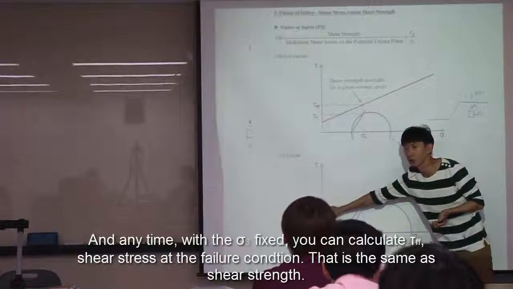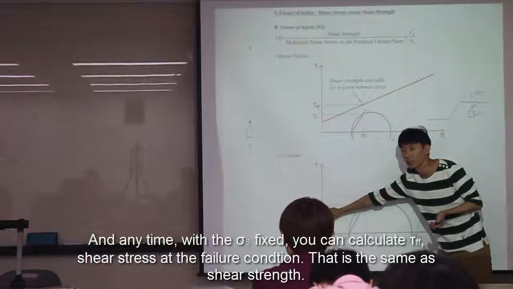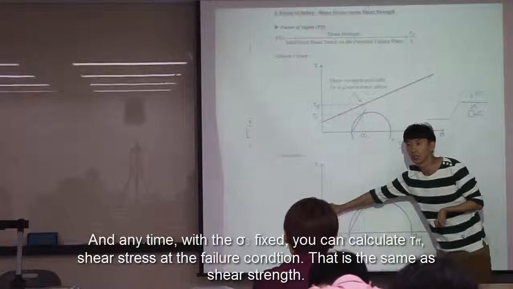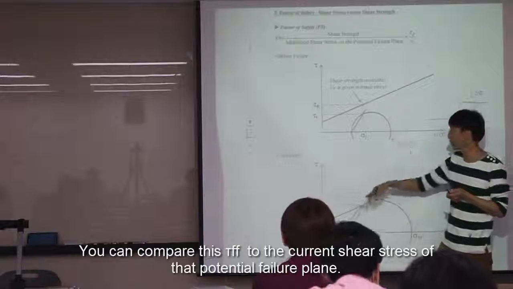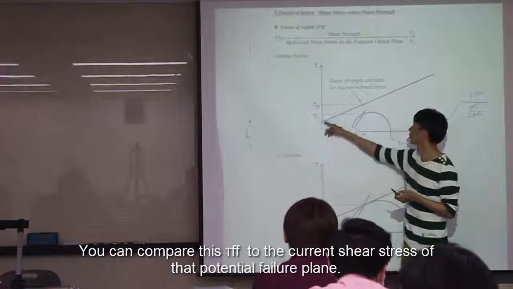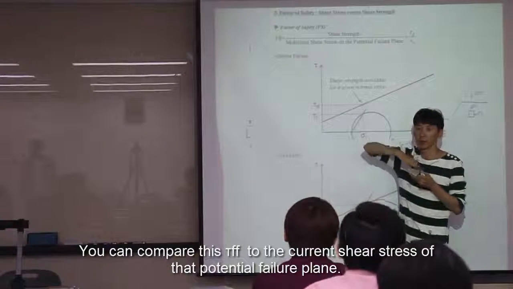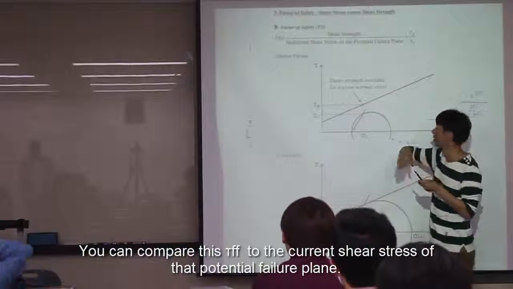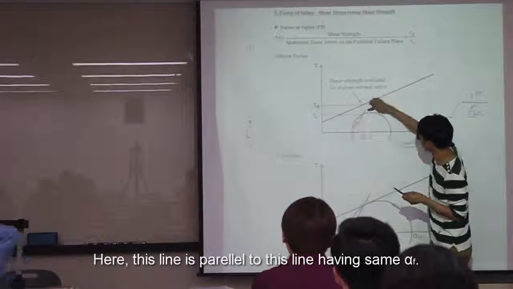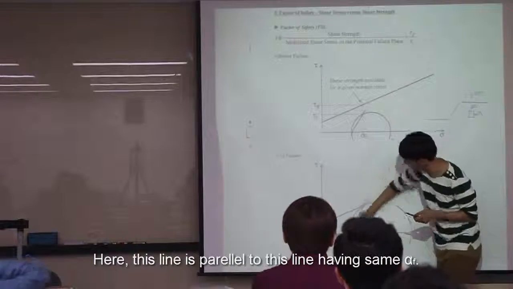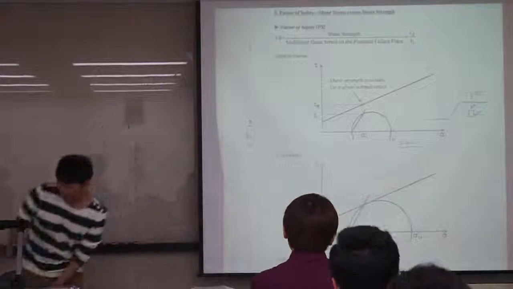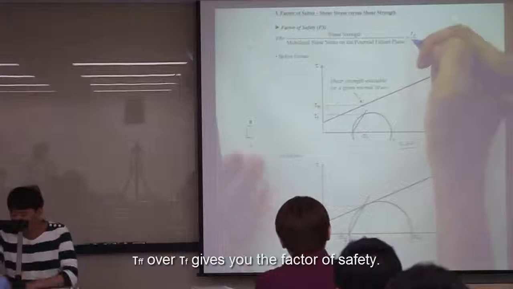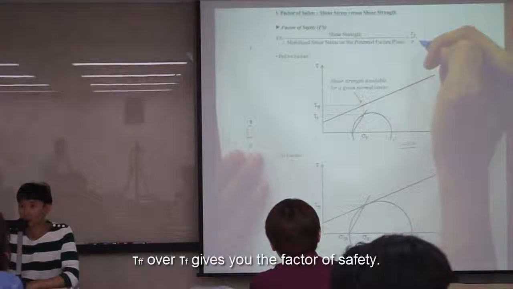That's the shear stress at the failure conditions. So that is the same as the shear strength. Right? And we can compare this tau_ff to the current shear stress on the potential failure plane. So here, this line is parallel to this one. So we have the same alpha f and alpha f. Then the tau_ff over tau_f gives you the factor of safety.